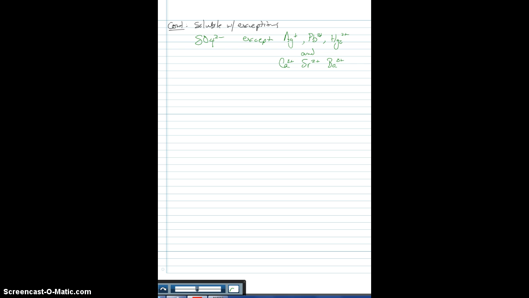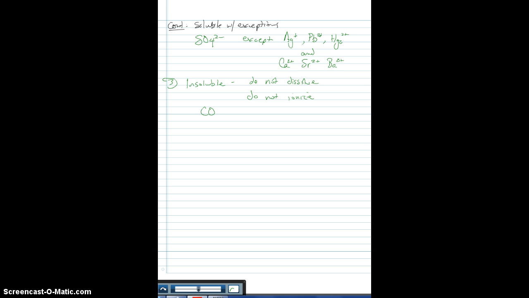Okay, so let's talk about some of our ions that we know are insoluble. These do not dissolve, and you do not ionize them in a net ionic equation. There are some exceptions though.